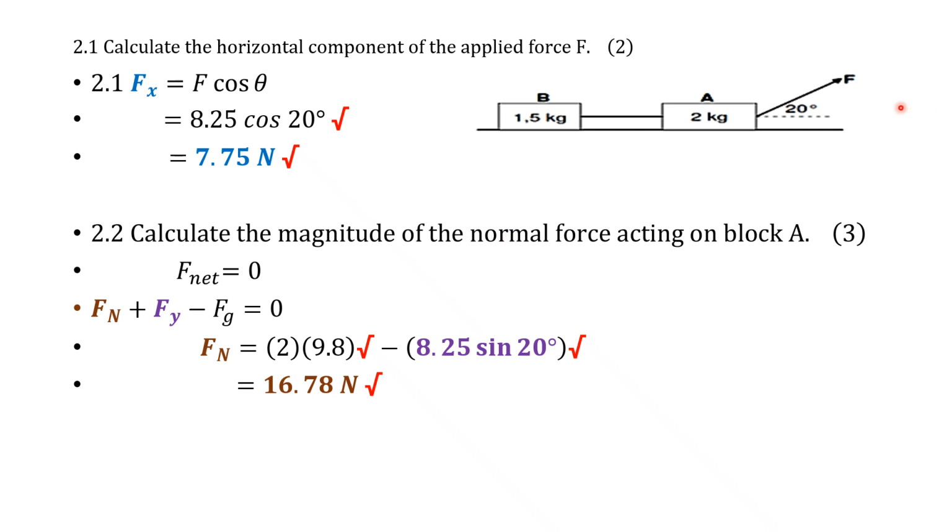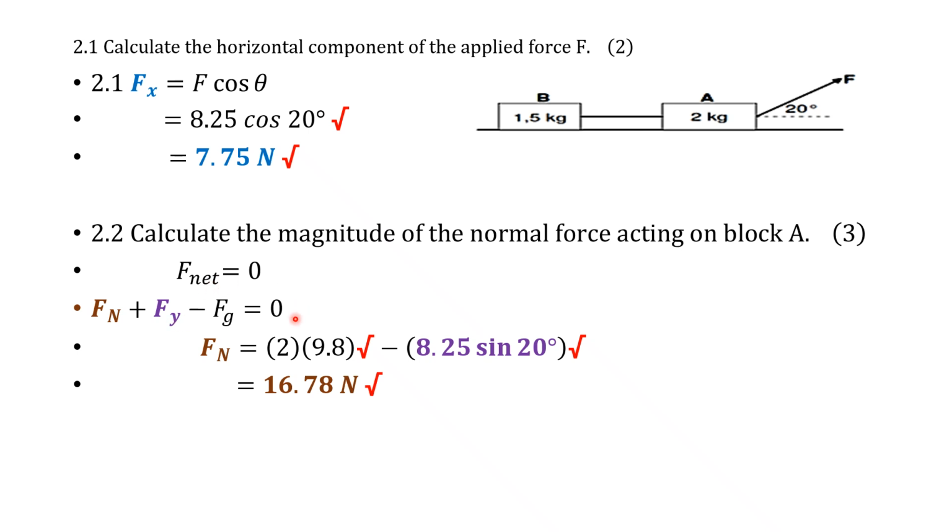Whenever we pull a force at an angle, there's a Y component that acts with the normal force that ensures the normal force becomes a smaller force. Don't go and write normal force equals force of gravity. Whenever we mark this wrong, that is the reason why. So normal force plus the force in the Y direction minus force of gravity.